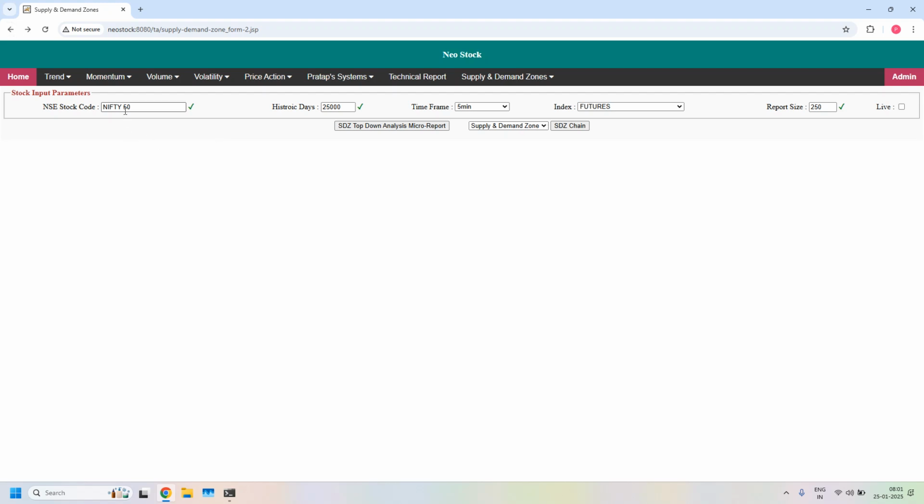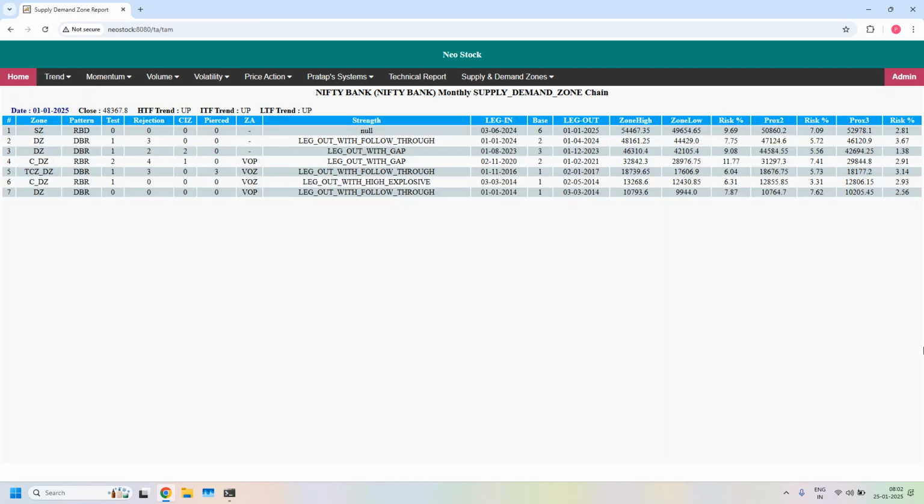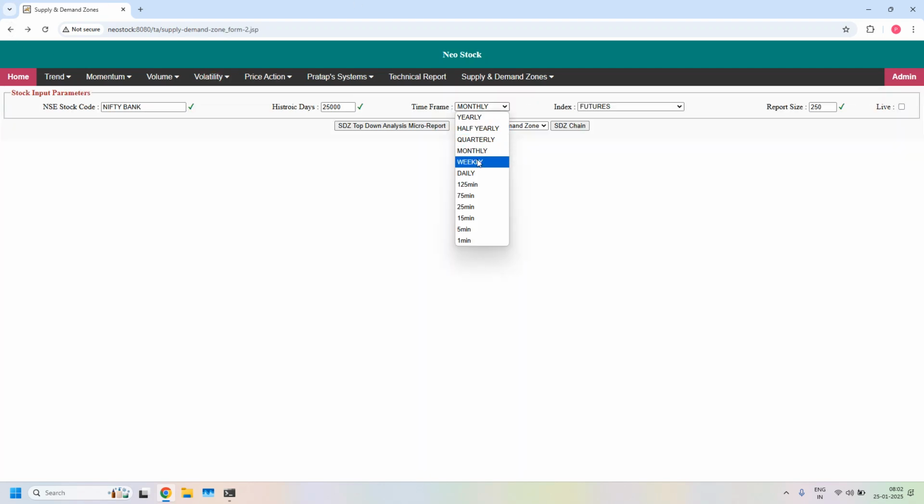Next, Bank Nifty. That is nothing but Nifty Bank. Monthly supply demand zone chain for Bank Nifty. Next, weekly supply demand zone chain for Bank Nifty.